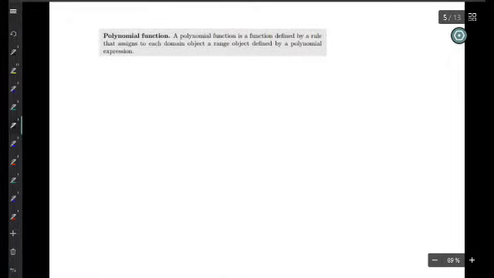Polynomial functions. So, a polynomial function is a rule or a map that assigns to each domain object a range object defined by a polynomial expression. So here's an example.